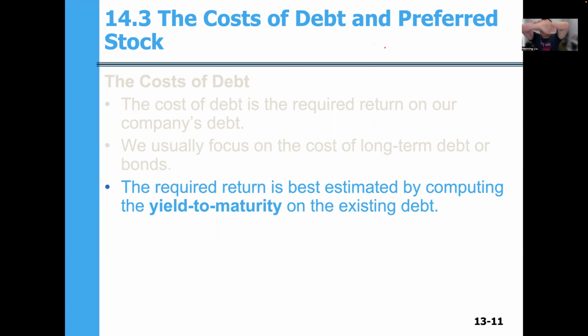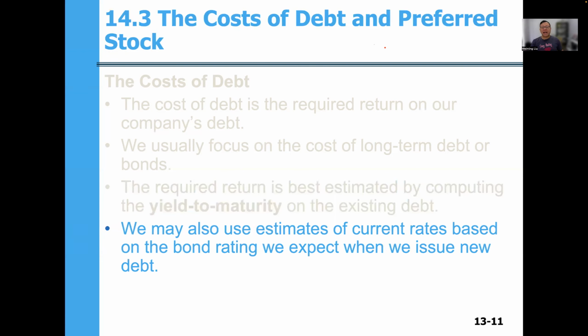So this is nothing new, right? In the previous chapters, you have been calculating the yield to maturity, right? What's the discount rate? Normally, you did this calculation in the context of a bond.